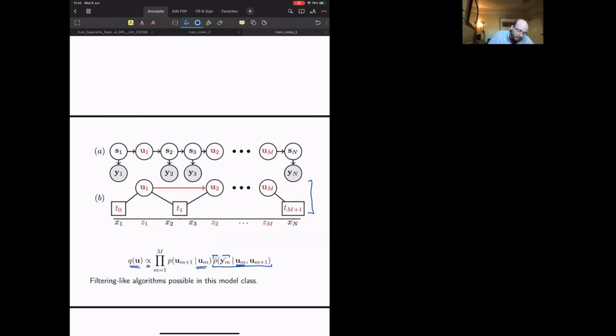It turns out you can extend standard filtering algorithms to work with this, so you can do filtering and smoothing and compute the log marginal likelihood of models like this, which lets you do all the things you need to do variational inference.